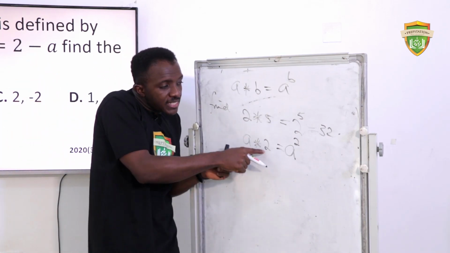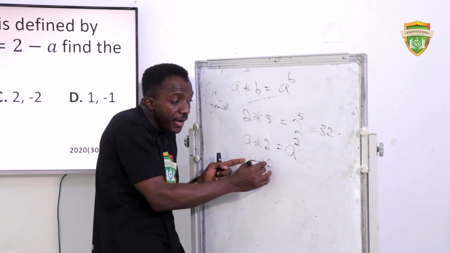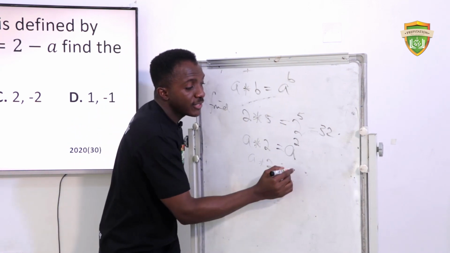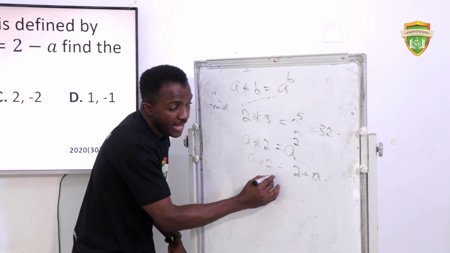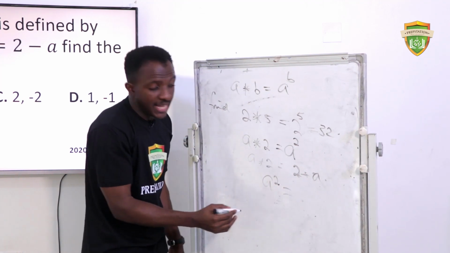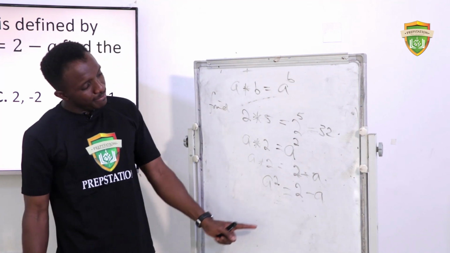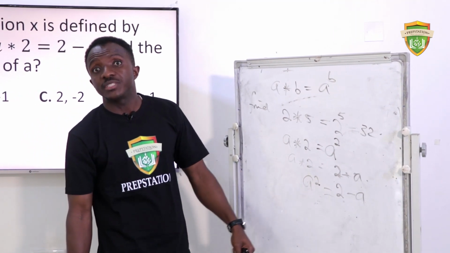So if a star 2 is a raised to the power of 2 and a star 2 is 2 minus a, what that means is that a squared will be the same thing as 2 minus a. Is this making any sense? This is looking very much like a quadratic equation. It's actually a quadratic equation.